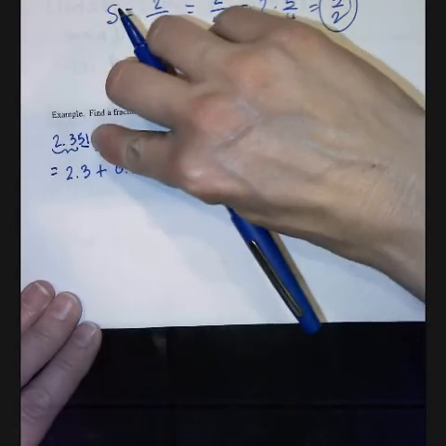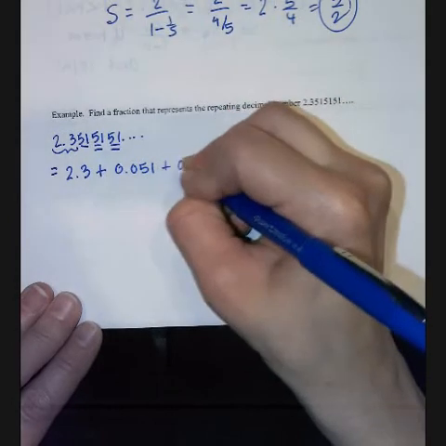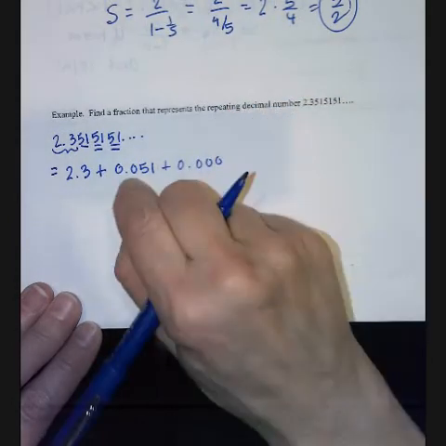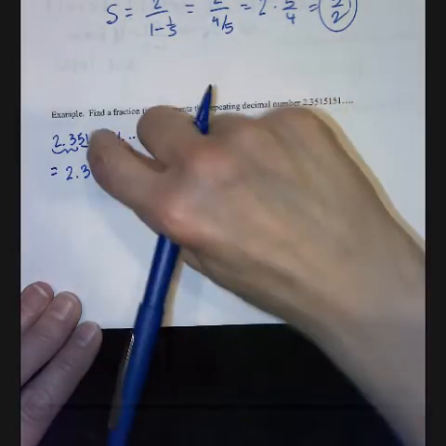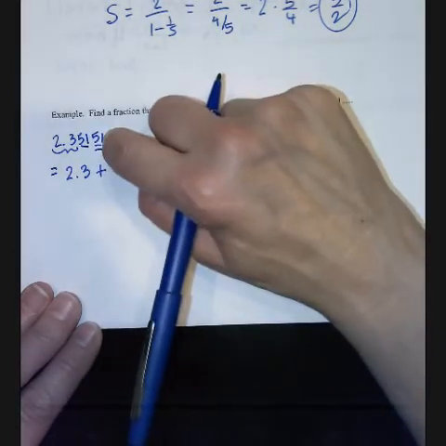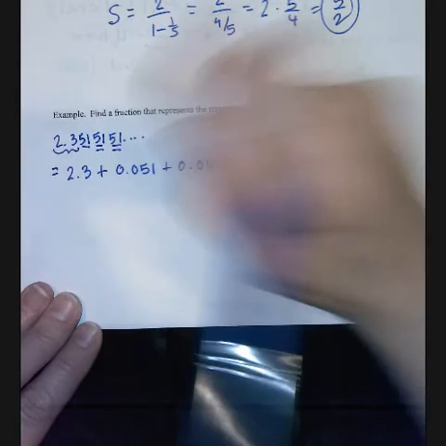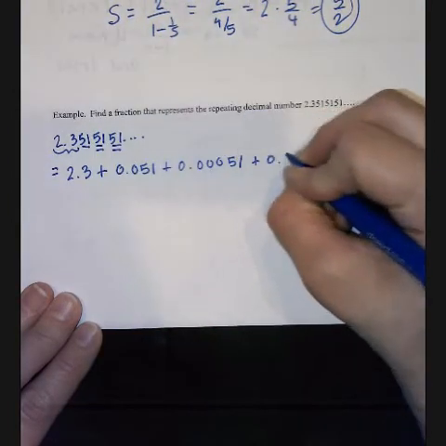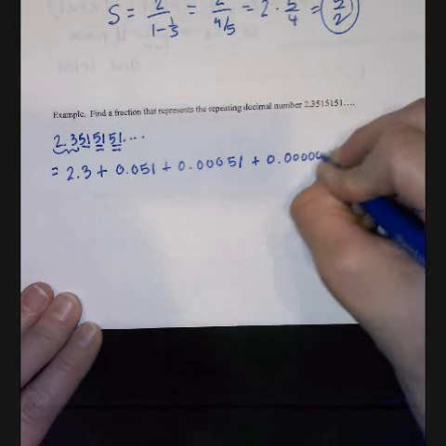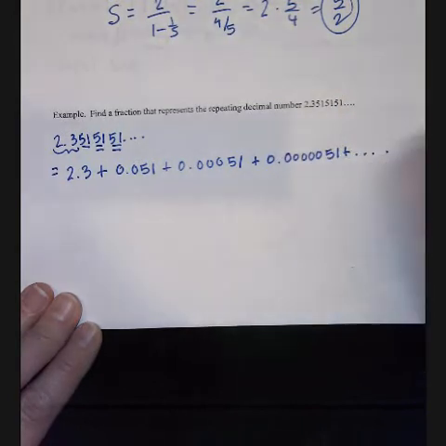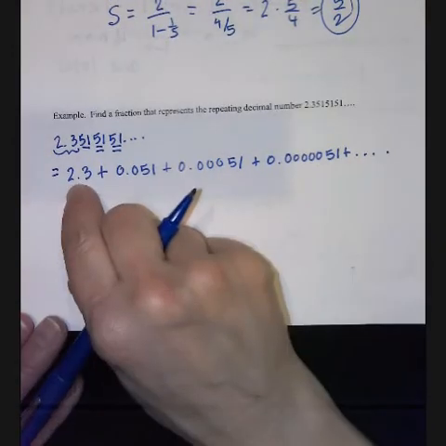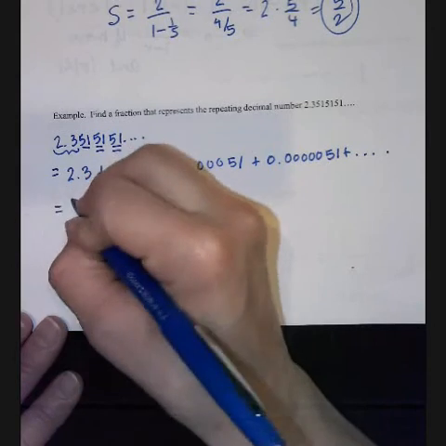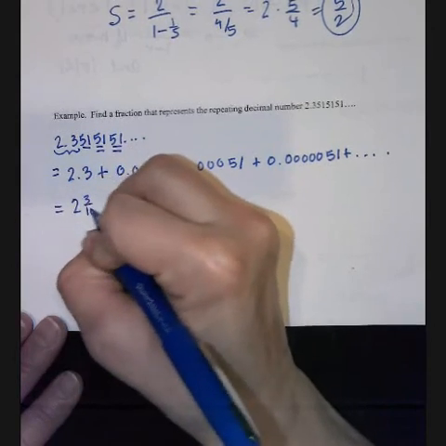And then the next number will be 0.000, so you want all 3 places here, and then 51. So when you add that, you'd get the next repeat of 51, and etc. So now we'll have 5 zeros, 5, 1, and this goes on forever. So this part is easy to express as a fraction. It's 2 3/10 or 23/10.